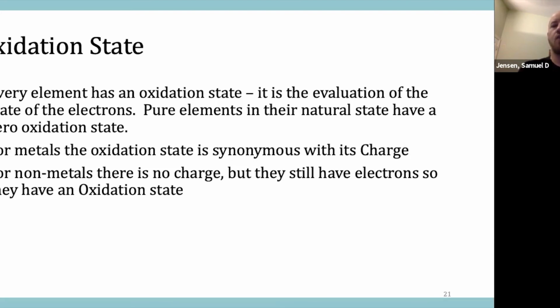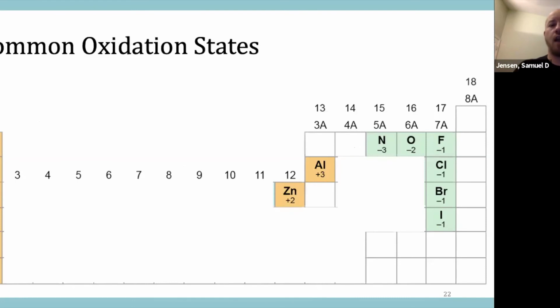So all of the metals that I already talked about, if you go back to this chart you saw before, it said the common charges. Now I'm going to change that around and talk about these as oxidation states. This is exactly the same slide. The common oxidation state for the alkali metals is +1.